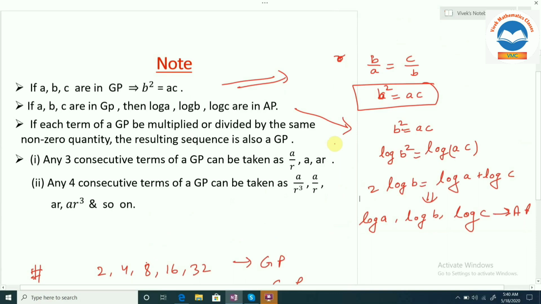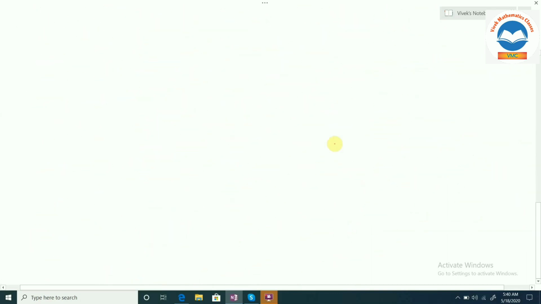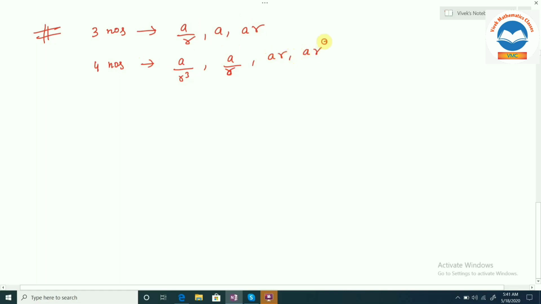Next point, what they are saying, same like AP, how to take 3 numbers in GP? We can take as A by R, A and AR. Why? Because if you multiply all these 3 terms, it will be independent of R. Same like this, if you want to take 4 numbers in GP, we can take as A by R cube, A by R, AR and AR cube.